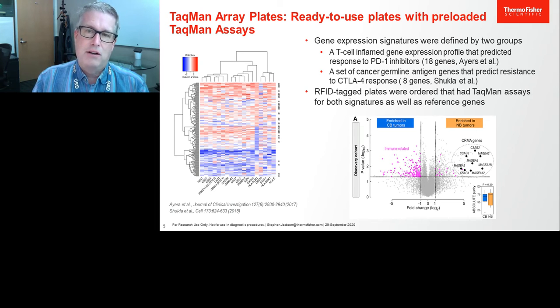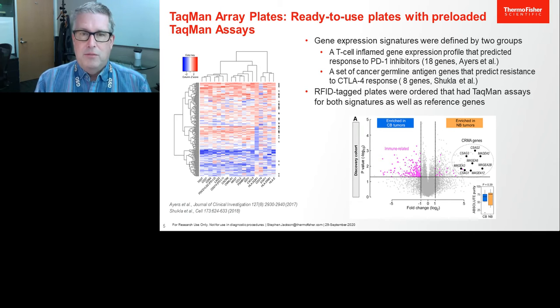Another publication came out of the group Shukla et al. This was published in Cell in 2018. And in this publication, they looked at a set of germline antigen genes that predict resistance to CTLA4 responsiveness. So 8 different genes that were indicative of how well the CTLA4 was going to be able to work in those cells.